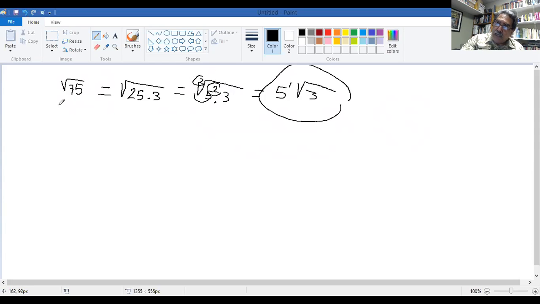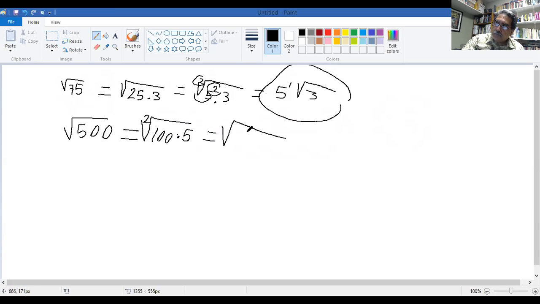Let's do number B, square root of 500. Again, when there is no number, it means it's 2. 500 is 5 times 100, so 100 times 5. 100 is 10 to the power of 2 times 5.